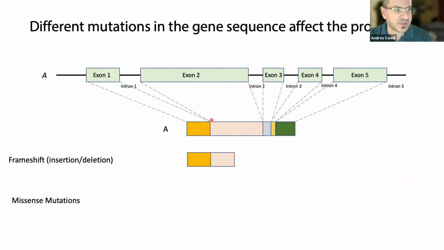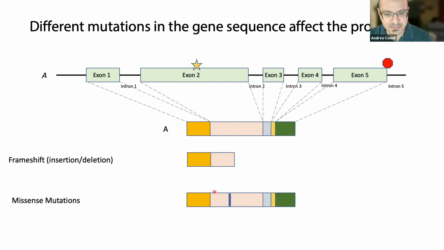We can also have missense mutation, where a mutation occurs, but actually doesn't change anything to the length of the protein. So the stop codon will always be here, but the protein will just differ a bit.